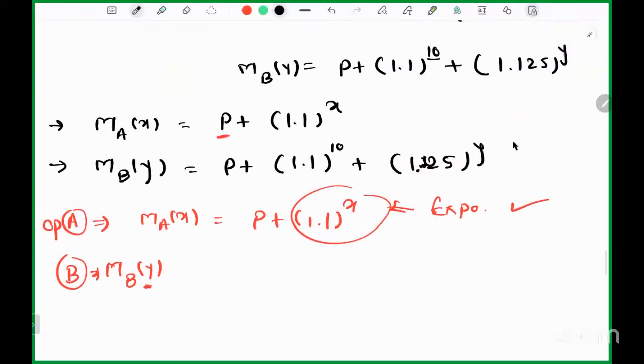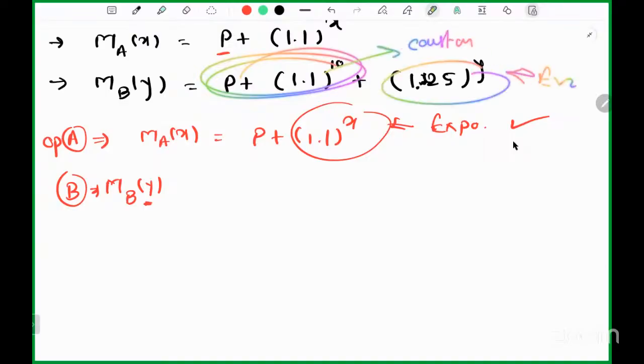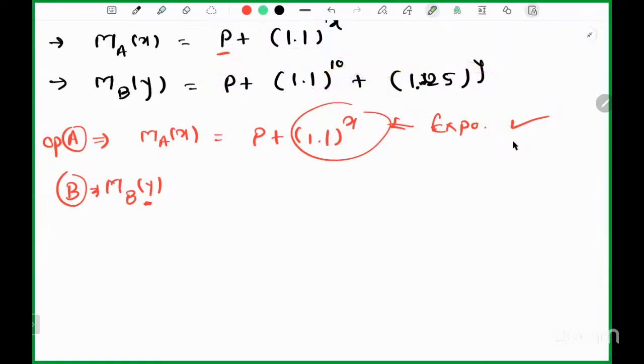So here MB of Y is also some constant plus the exponential function. Right? So here this is nothing but a constant value. And here we have an exponential function. And we know that exponential function is a one-one function. So that's why MB of Y will also be a one-one function. So this is also the correct option.